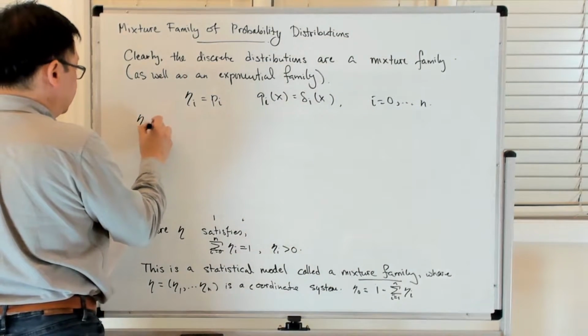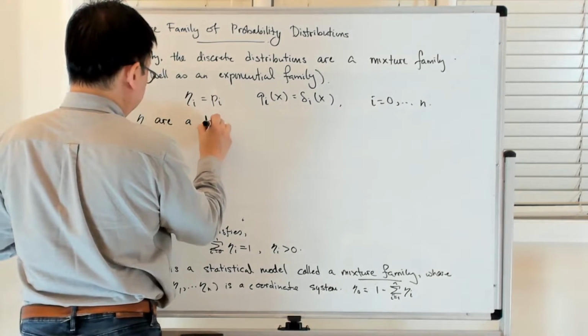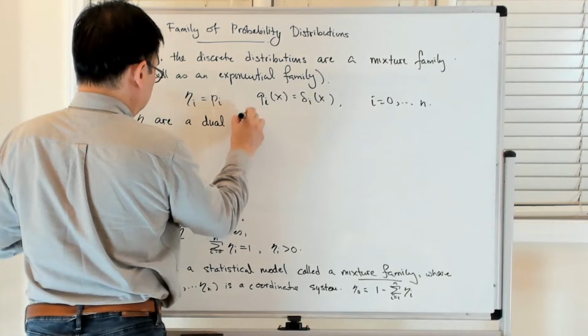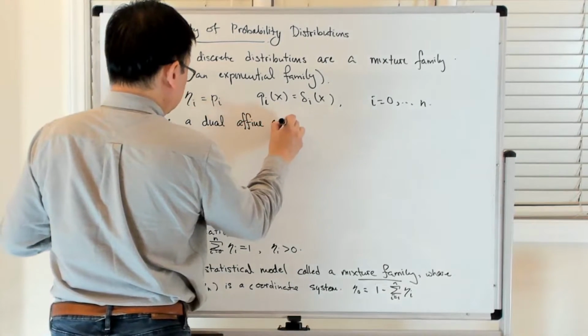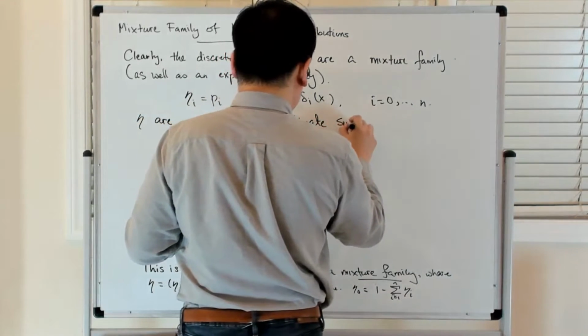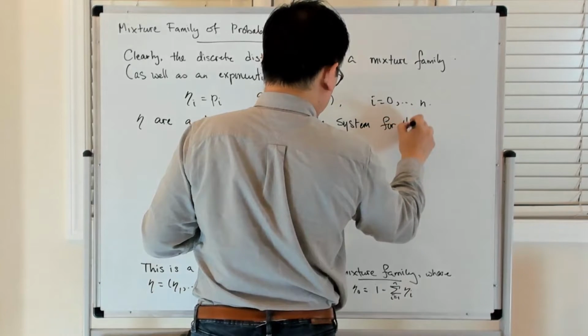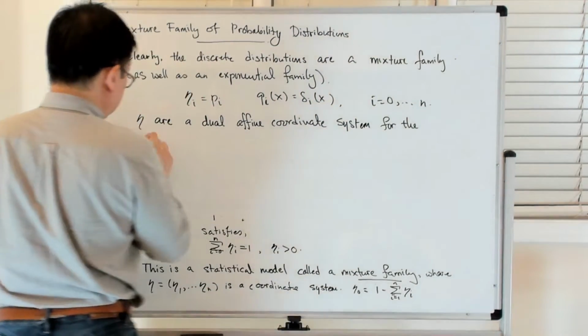So the etas are a dual affine coordinate system for the exponential family of discrete distributions.